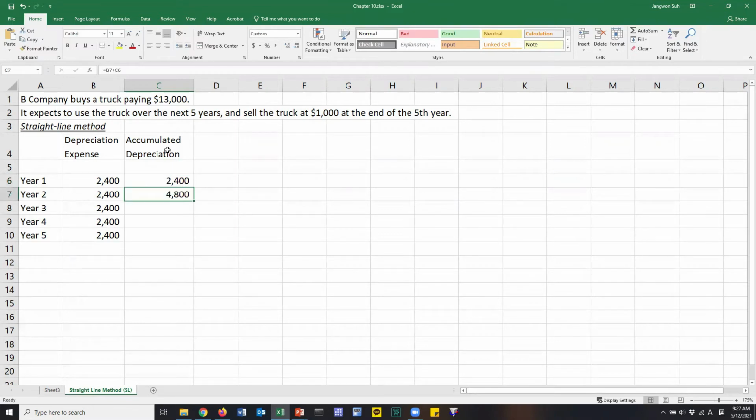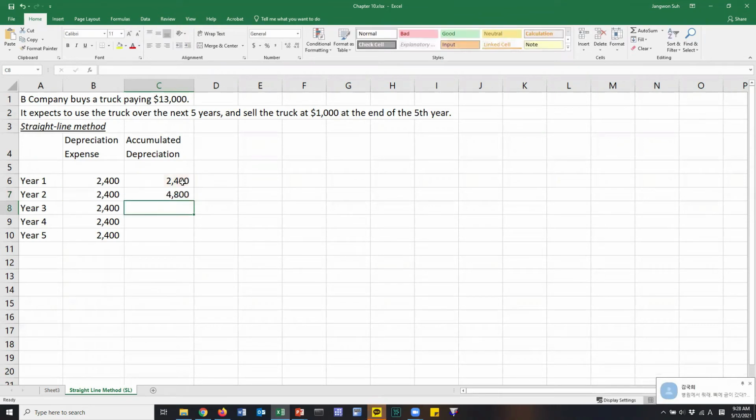Next, you copy and paste, Control D. You accumulate the current year's expense to the previous ending accumulated depreciation.